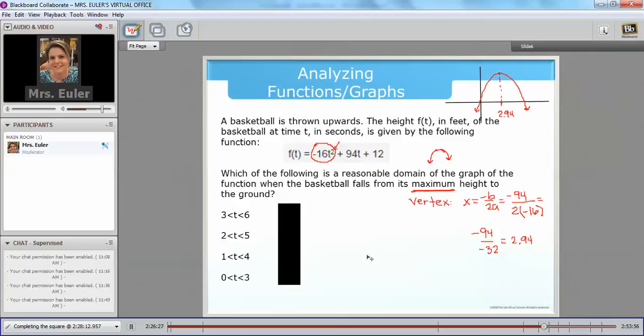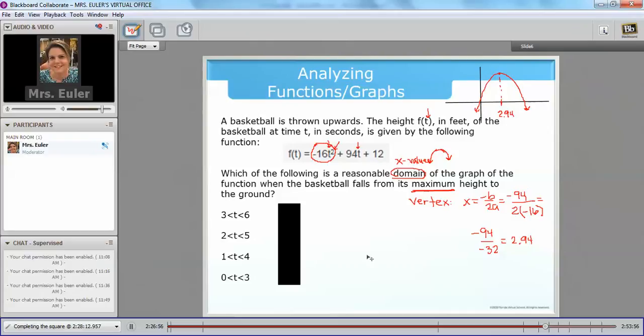Good. So we have kind of a visual of what's going on here. So let's look at the question again. Which of the following is a reasonable domain of the graph? What does domain mean? Domain is talking about your x values. In this case, we don't have x's, we have t's. So it's looking at the t values, the time.